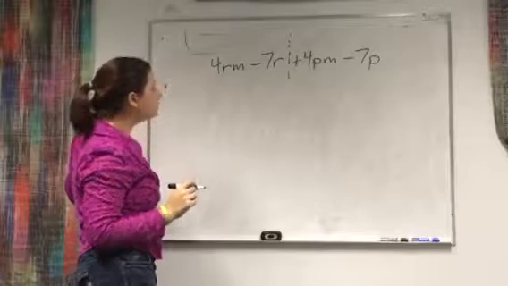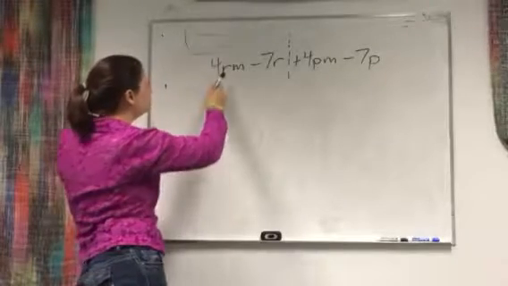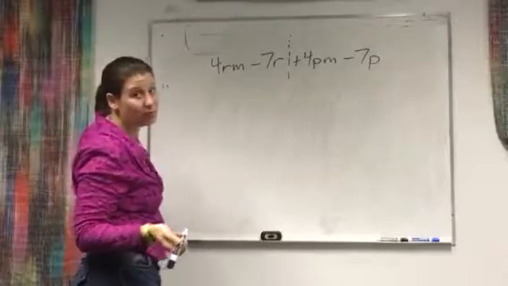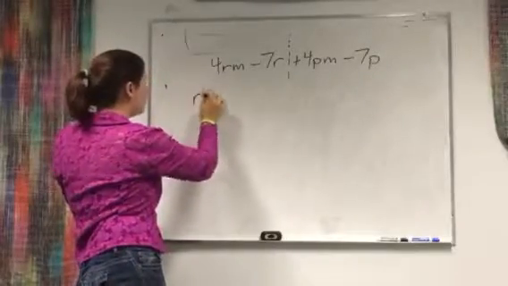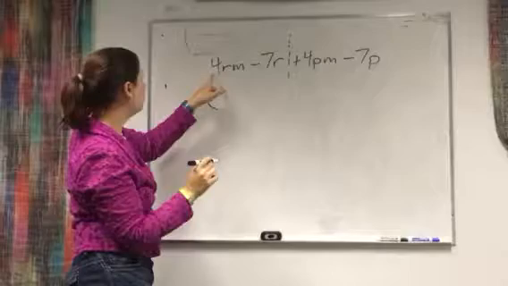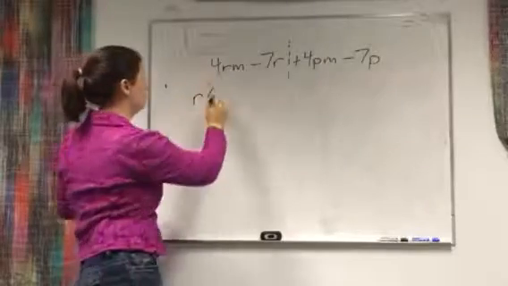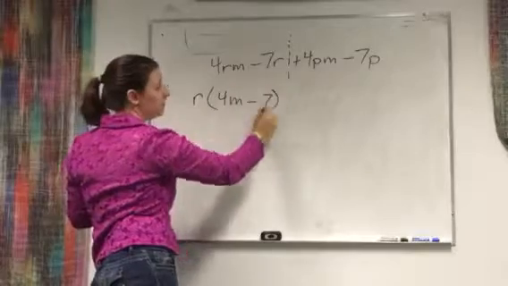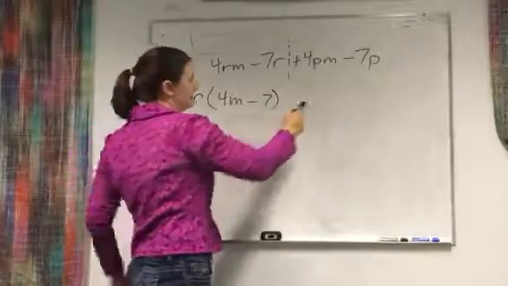All right, so if we look at this, well, R and R is the only thing they have in common, right? So we take an R out, what do we have left? 4m minus 7, okay?